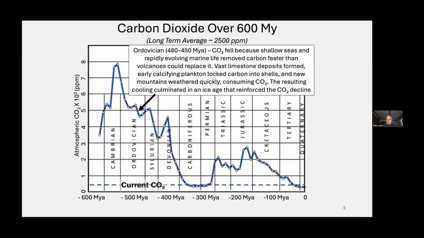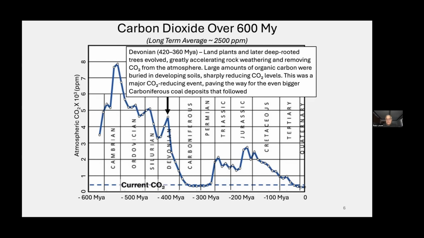Vast limestone deposits formed, and early calcifying plankton locked carbon into shells, while new mountains weathered quickly, and all of these processes consumed CO2. The resulting cooling culminated in an ice age that reinforced the CO2 decline. Bear in mind, cooler seas have an ability to absorb more carbon dioxide than warmer seas do.